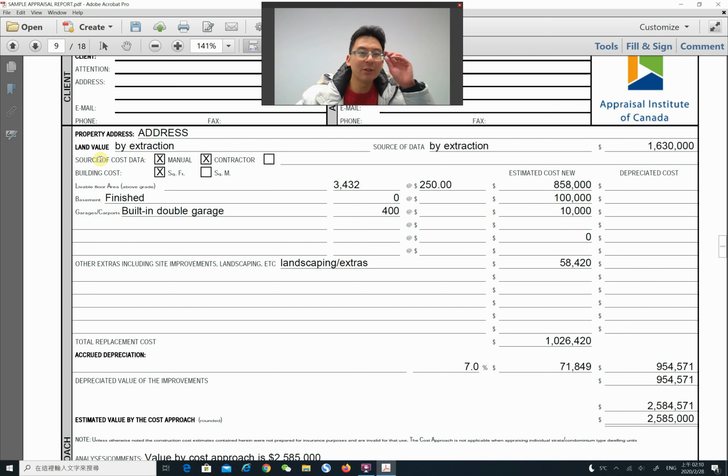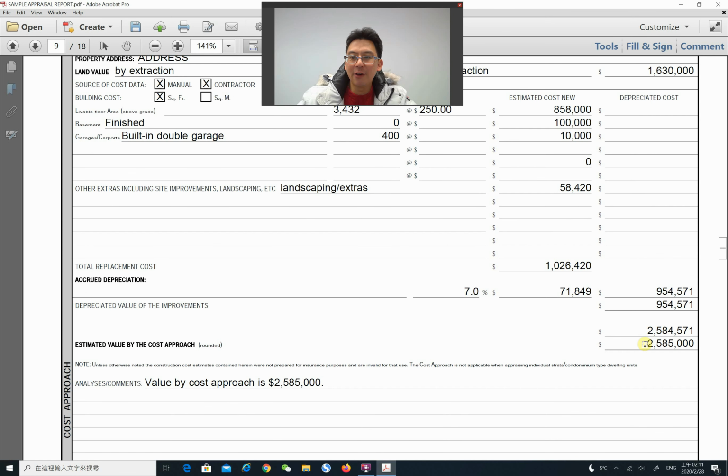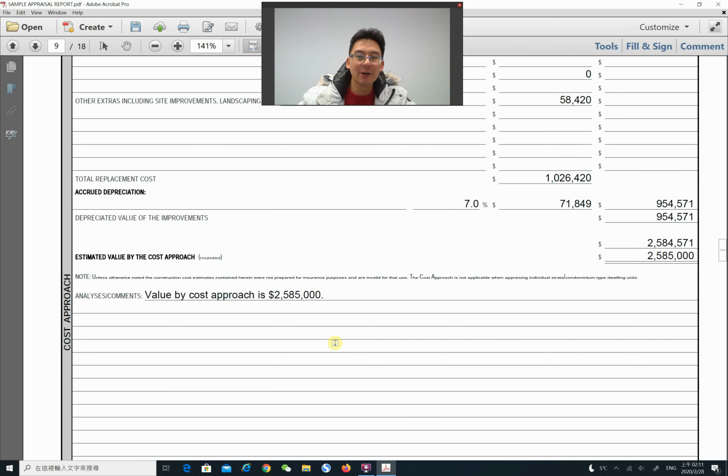So basically they put the value of the land at $1.6 million, and then to build this house from scratch, $250 per square foot times the size of the house. This is how much. Basement is finished, $100,000. Double garage, $10,000, landscaping, everything. So add all this up, and therefore, based on the cost approach, this is a $2.5 million home.